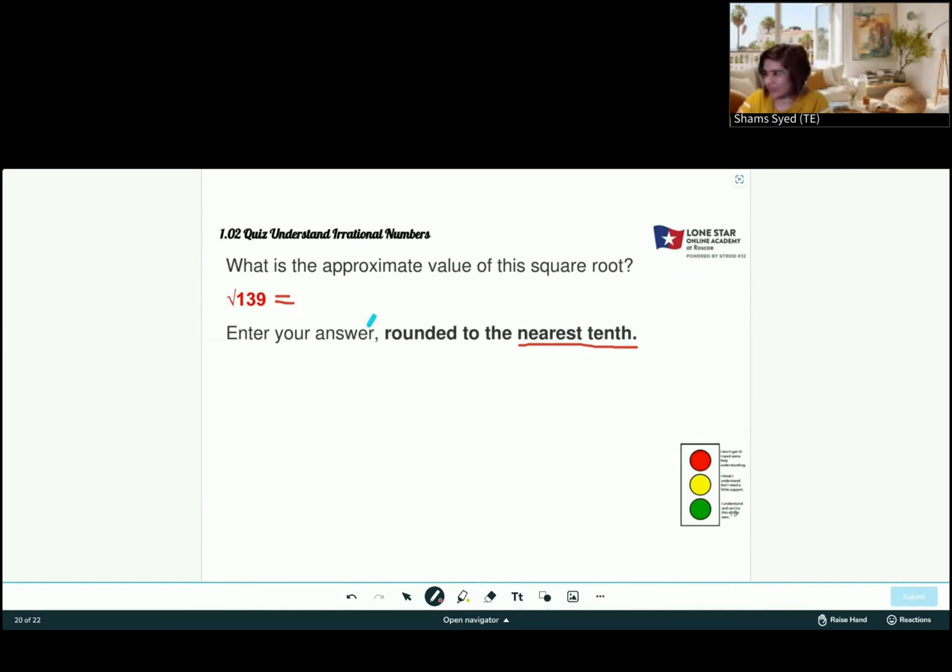Joycelyn says 11.78. Look here, the last digit is 8. With 11.78, will I keep the 7 or will I say the answer is going to be 11.8? I will bump it up. So I will say approximately 11.8 because this 8 is big enough to bump the 7 up.